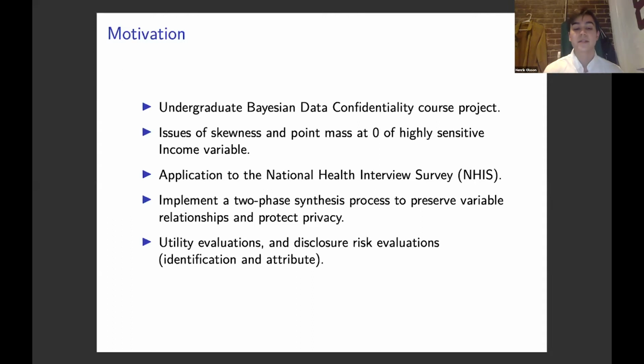So we decided to apply our synthesis model to the National Health Interview Survey, which consists of socioeconomic, health, and demographic variables. Then we implemented a two-phase synthesis process to preserve variable relationships as well as protect the privacy of the individuals in the survey. Then, to assess the effectiveness of our synthesis model, we assessed the utility evaluations as well as the identification and attribute disclosure risks.